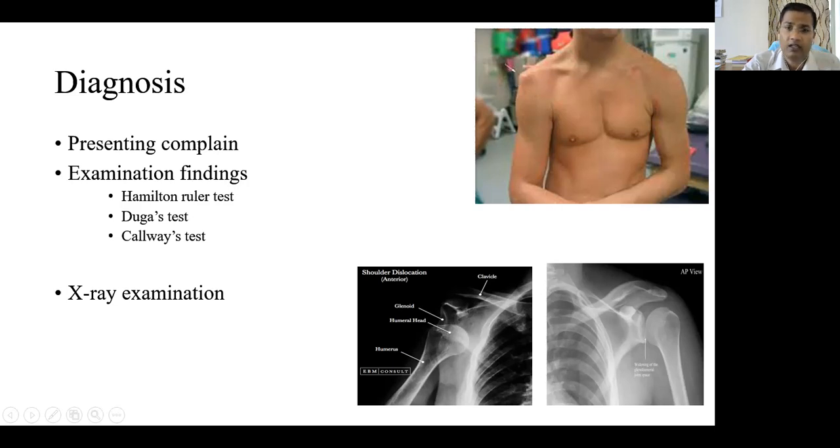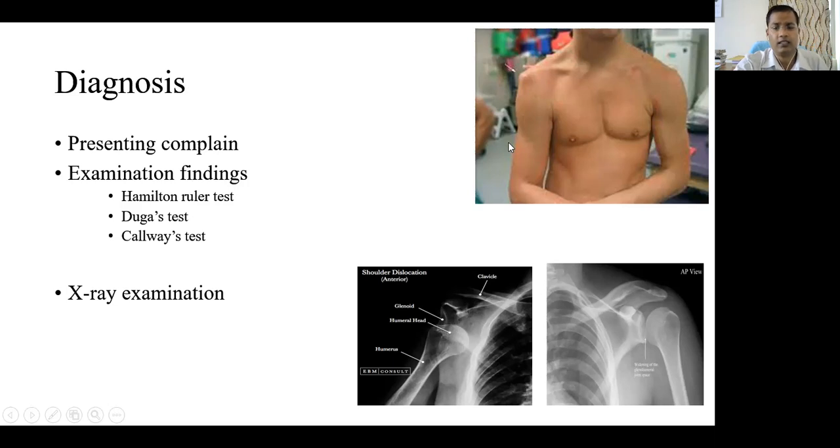But if the shoulder is dislocated, the Hamilton ruler test is positive, and your ruler can touch both the acromioclavicular joint as well as the lateral condyle of the humerus simultaneously, because the normal contour of the shoulder muscles is lost. You can see in the picture here it is flat, and here are the shoulder muscles, the contour, the curve of the shoulder muscles.